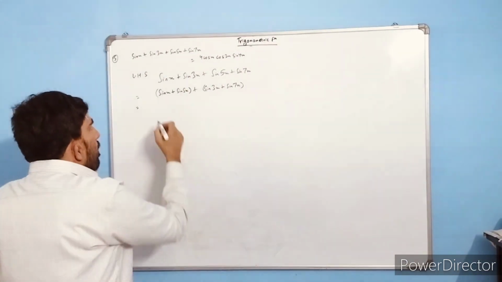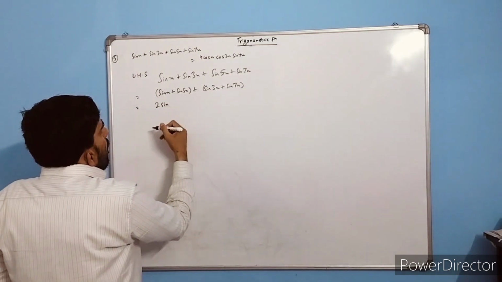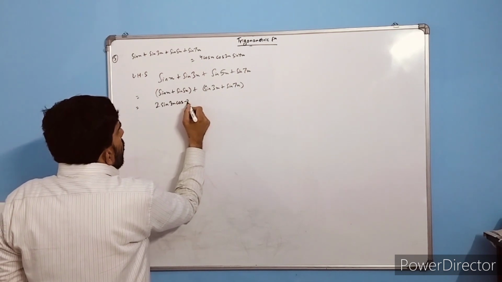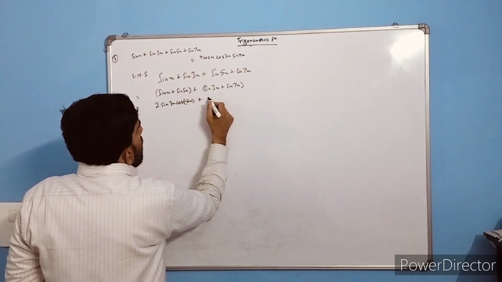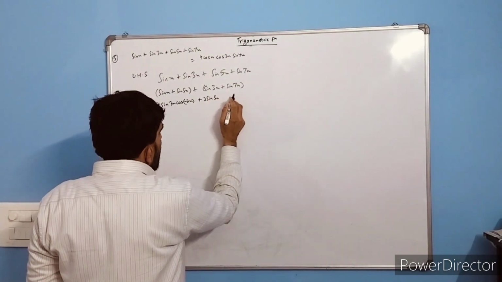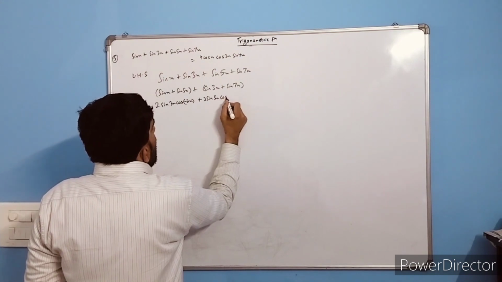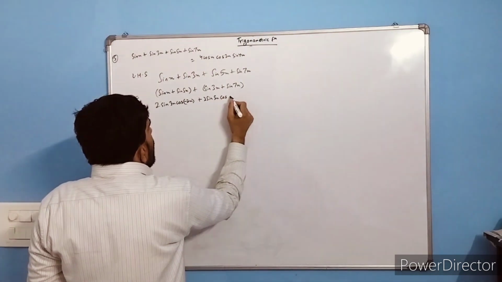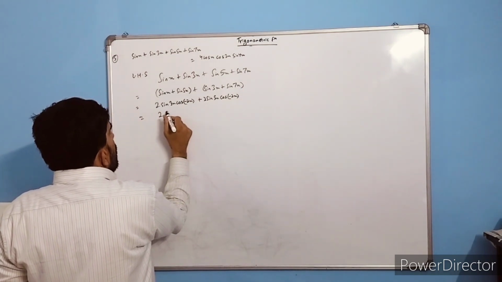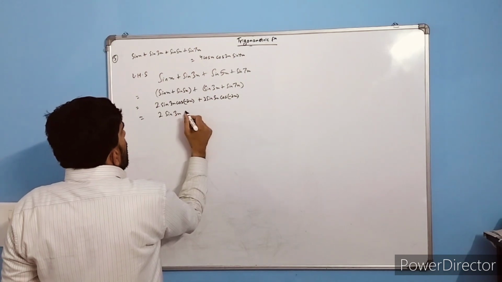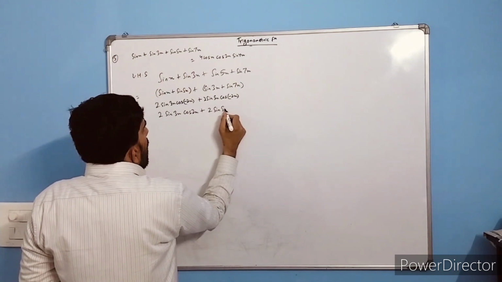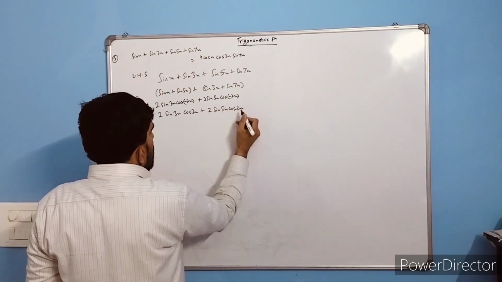Sin x plus sin y gives 2 sin x plus y by 2 and cos x minus y by 2, plus sin also 2 sin x plus y by 2 and cos x minus y by 2. Okay. So now we can see here 2 sin 3x cos 2x plus 2 sin 5x cos 2x.